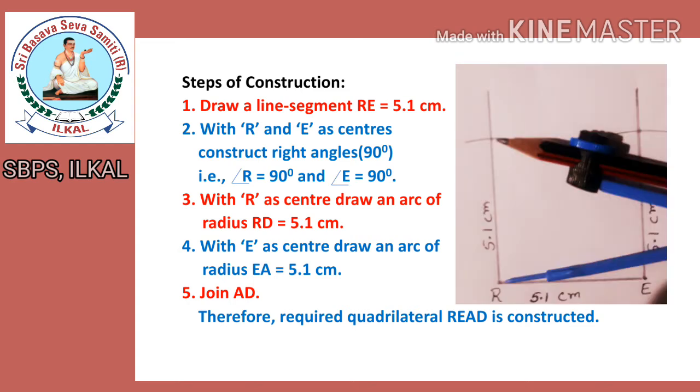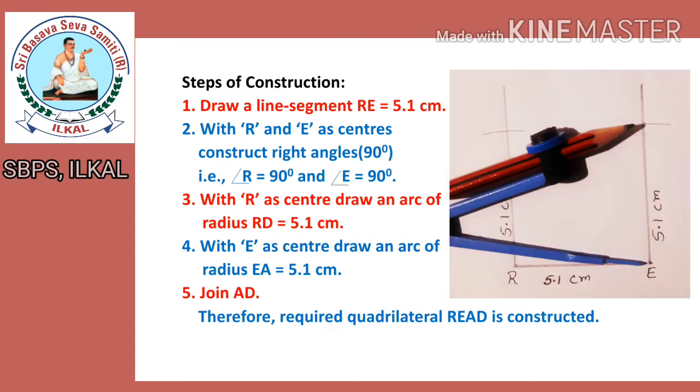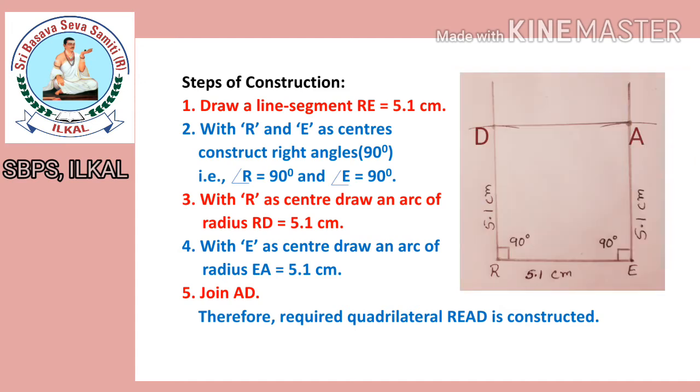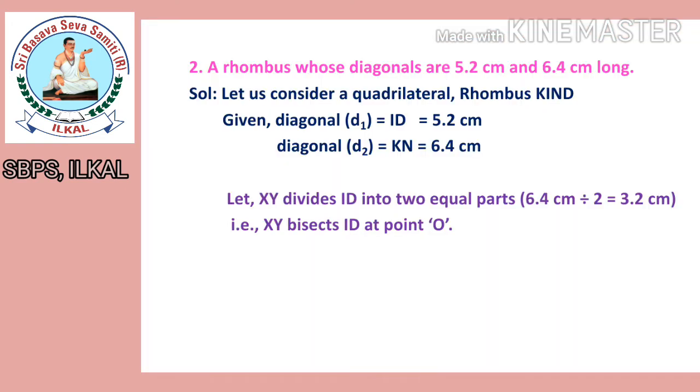Third step, with R as a center, draw an arc of radius RD equal to 5.1 centimeter. Fourth step, with E as a center, draw an arc of radius EA equal to 5.1 centimeter. Fifth step, join AD. Therefore, required quadrilateral READ is constructed.